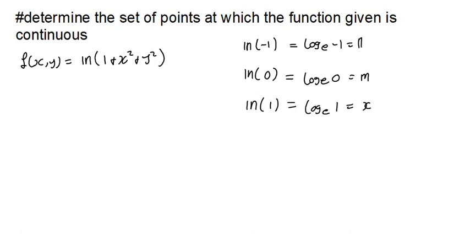So what it means here is that we are saying e to the n. Even here we say the same, we have e to the m. Even here we have e to the x. So now we are asking ourselves, what should n be for this to be negative 1, or what should m be for this to be 0, or what should x be for it to be 1?